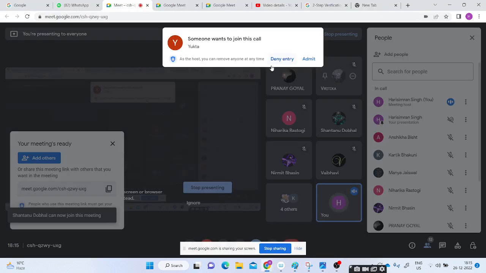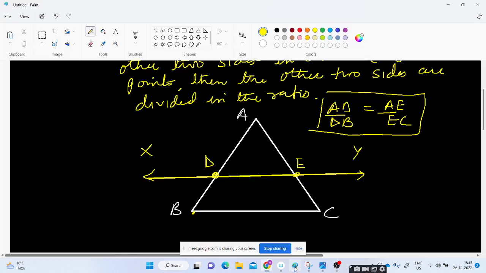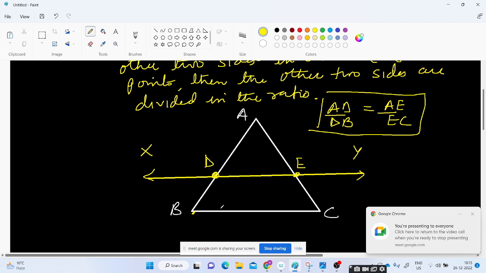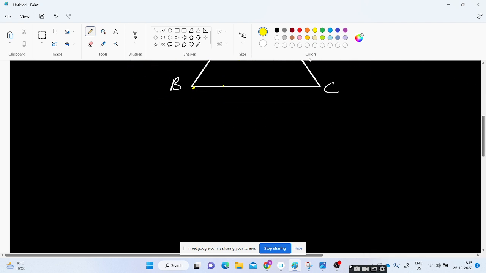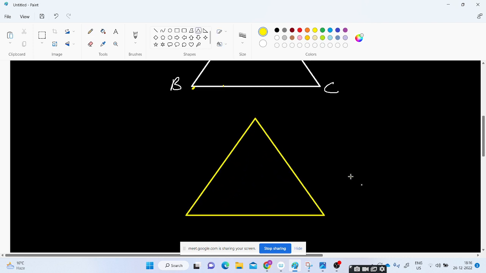The parallel line can be anywhere, above or below. The triangle can also be like this, so do not get confused at all. Suppose a triangle is like this and this is XYZ. Now a line is parallel to XY. This is M and this is N. So MN is parallel to XY and the points of intersection are P and Q. The side which is parallel is XY, so the other two sides are XZ and YZ.